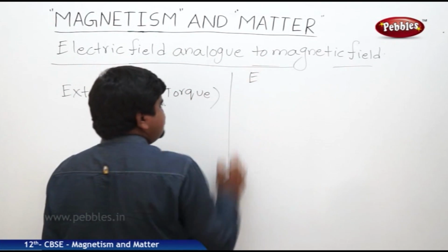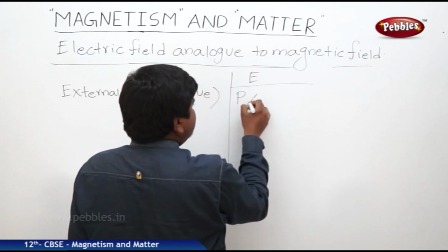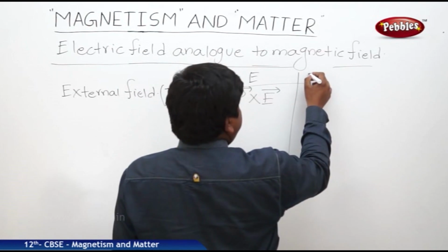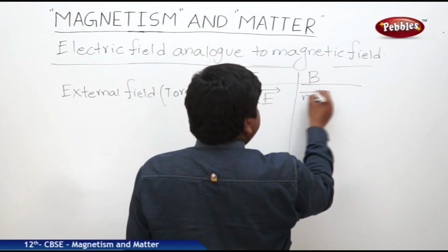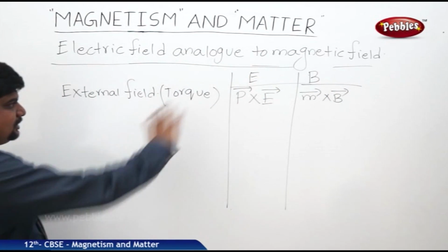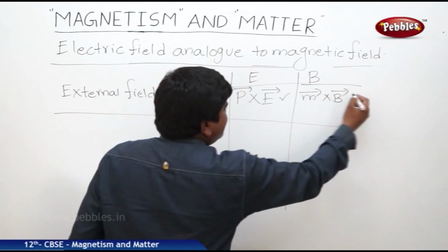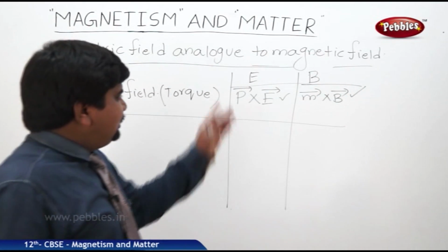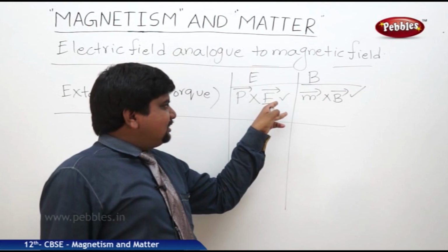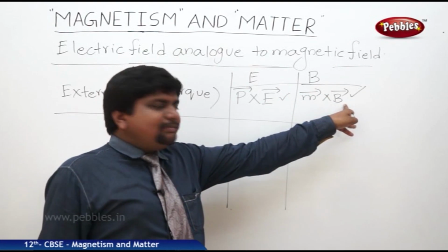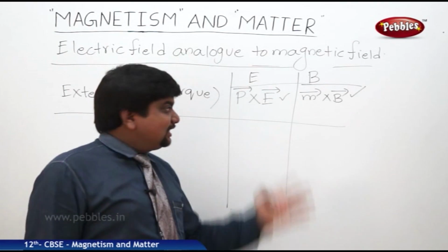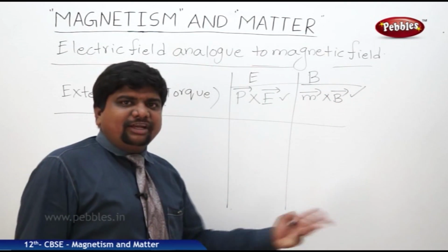In electrostatics, it is represented by P cross E. In magnetostatics, it is represented by M cross B. See the comparison: the formula structure seems to be the same. The electric dipole moment is replaced by the magnetic dipole moment. The electric field strength is replaced by the magnetic field strength. That is, the same natured physical quantities are replaced in the two fields. That is said to be the analogy.